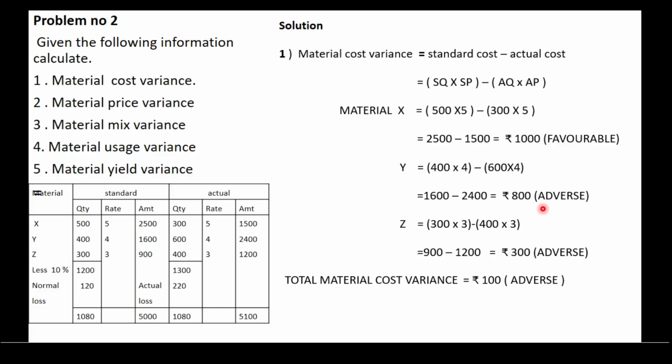So that is 800 plus 300, 1100, minus 1000 rupees. So now the total material cost variance is rupees 100 adverse. Since the total adverse amount is more than the favorable amount, the total material cost variance is also adverse. And next we calculate the material price variance.